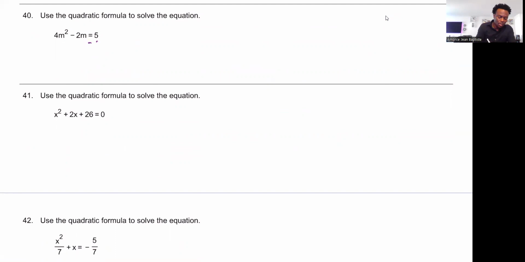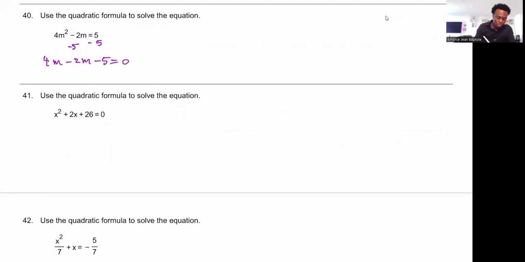So that's why I want to subtract 5 on both sides. So 4x squared minus 2x, not x, right? So that is m, minus 2m minus 5 equals 0.